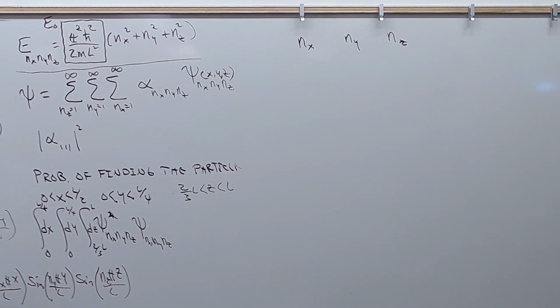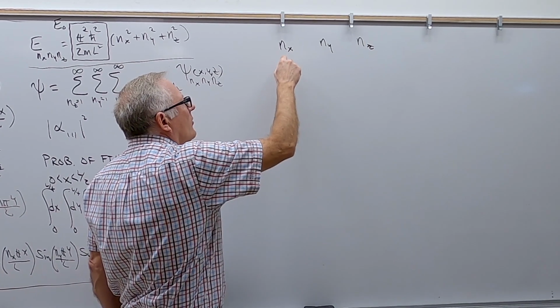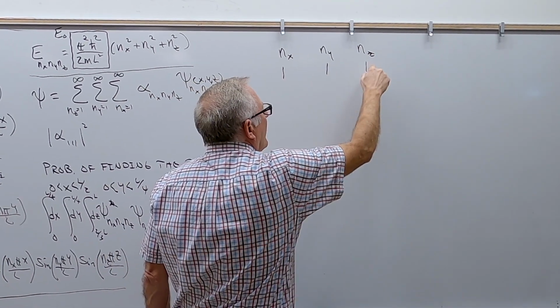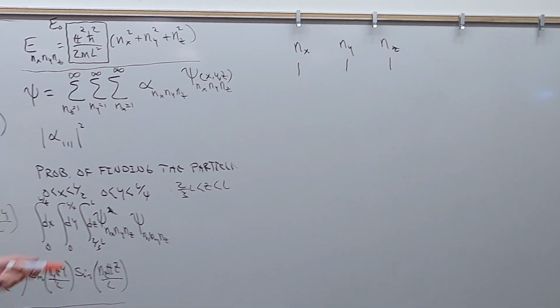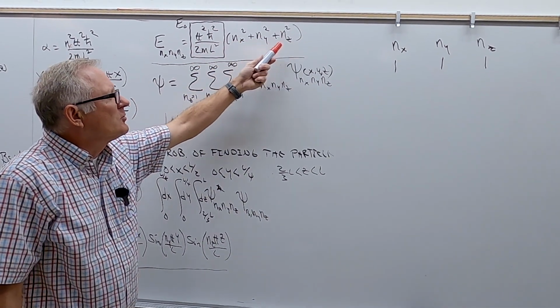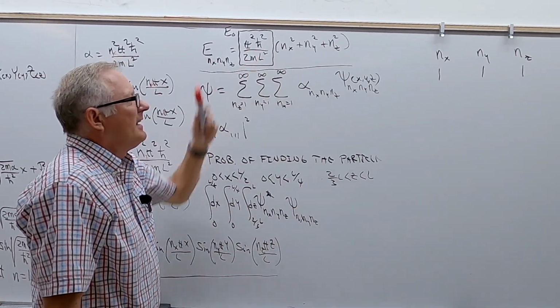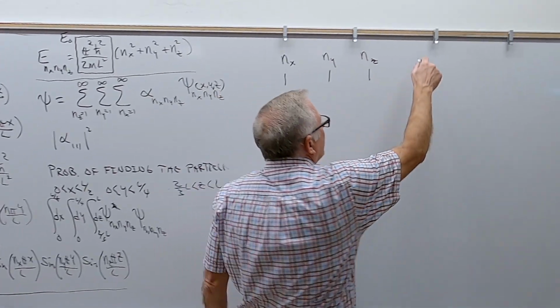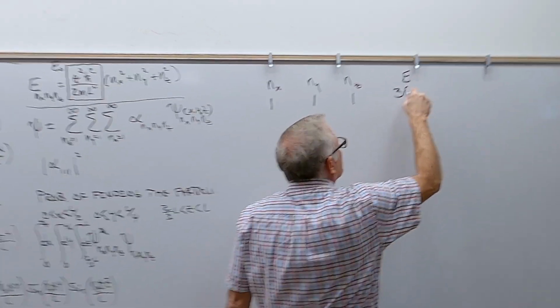The lowest state for all of them is 1, so the lowest state of the whole system would be 1, 1, 1. And then we could say, what's the energy? Well, you'd get this E naught, but then you'd have 1 squared plus 1 squared plus 1 squared, which would just be 3. 3 E naught. So the energy would be 3 of those E naughts.